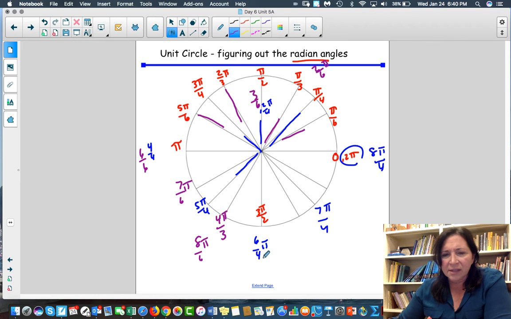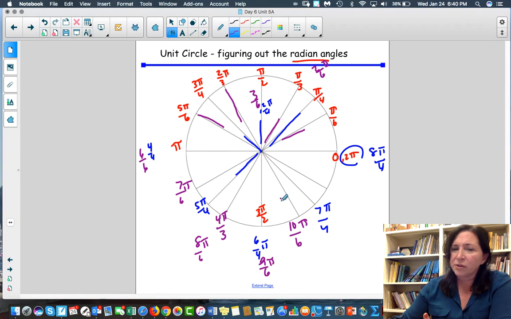So that's 8/6. This is 9/6. Again, 9/6 is 3 halves. This value here is going to be 10/6 pi, but what's 10/6? Divided by 2, that's 5 pi over 3. Then 11/6, 11 pi over 6. And then this is 12/6, which is 2.